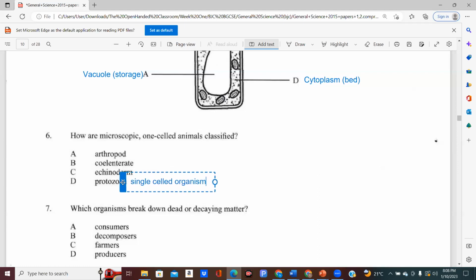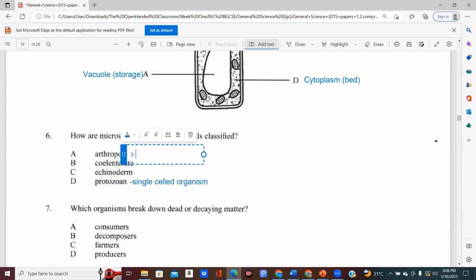Now, the thing is, let's start off with arthropods. Arthropods is a huge class. 90% of all living things are arthropods. So arthropods would be stuff like your insects. What else? Your spiders, your scorpions, we call them arachnids.